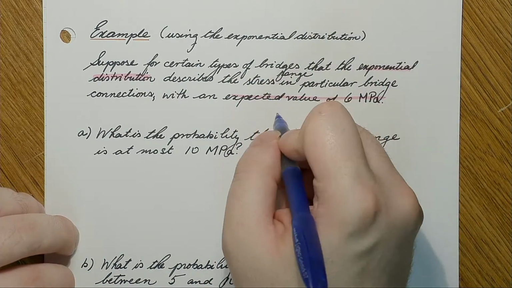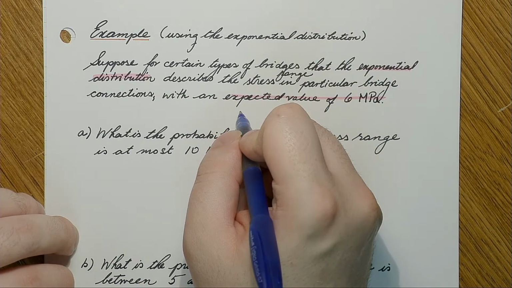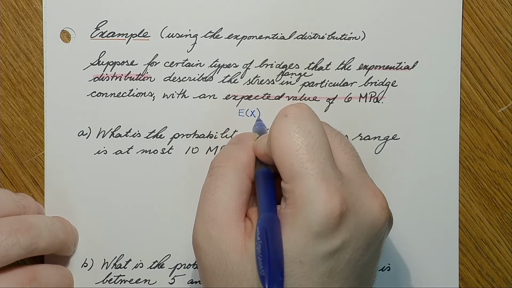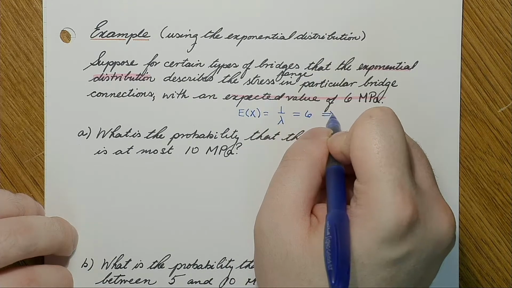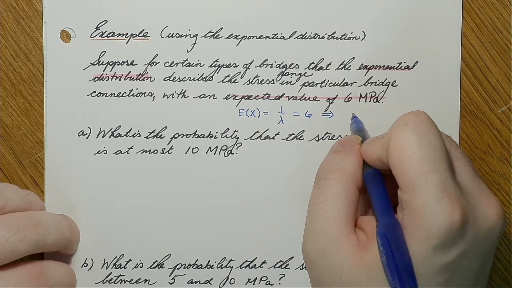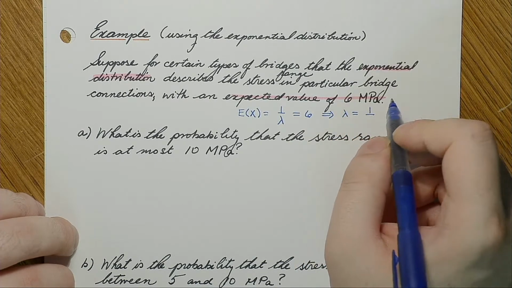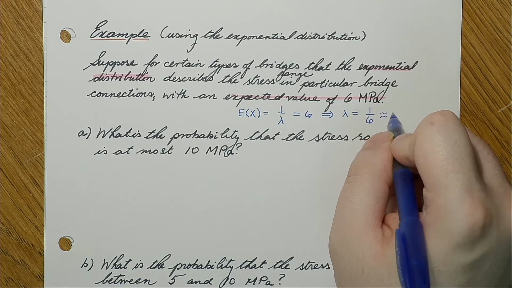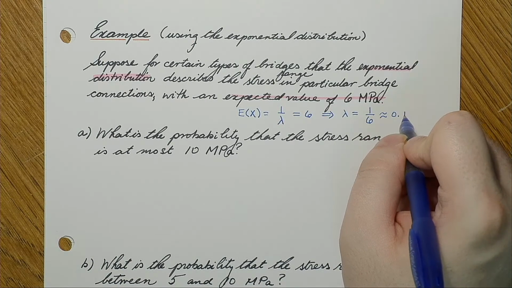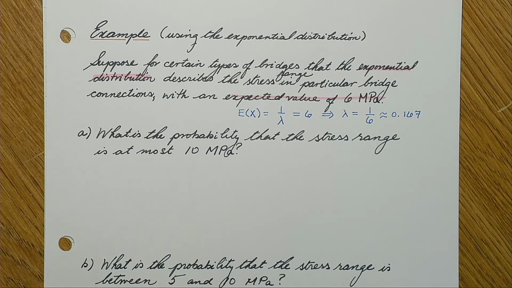So we know that the expected value is 1 over lambda, and that has to equal 6. So lambda is equal to 1/6, which is approximately 0.167.